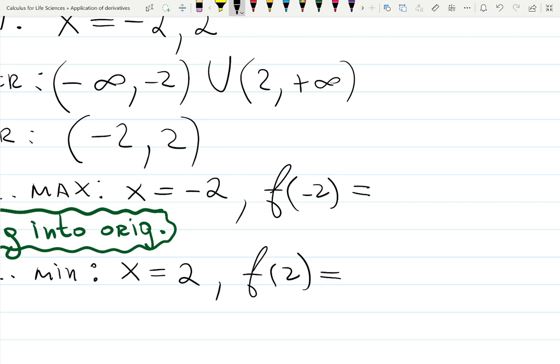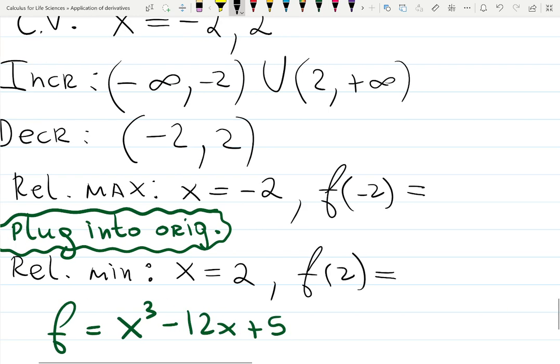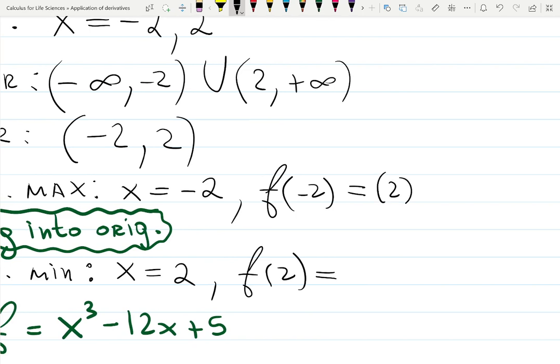The original function, I don't even remember how it looks like, but I can go and check. F is x cubed minus 12x plus 5. So I'm plugging in there minus 2 cubed, minus will matter this time. Minus 12 times minus 2, put parentheses, that's important, plus 5.